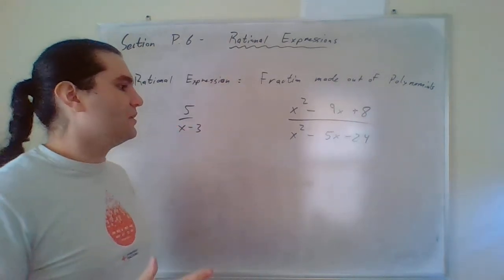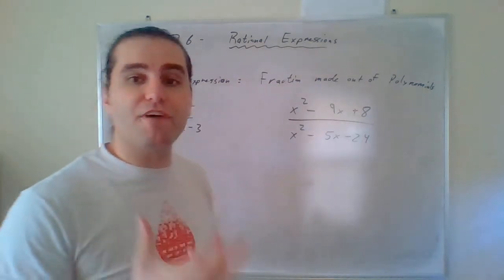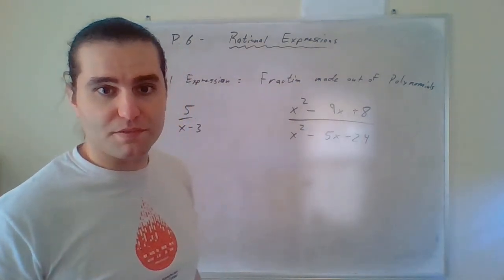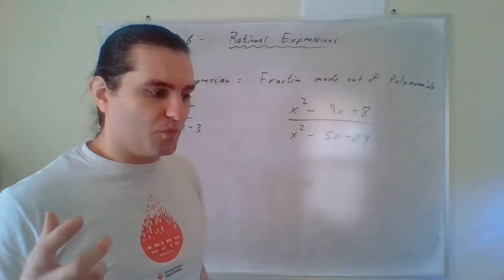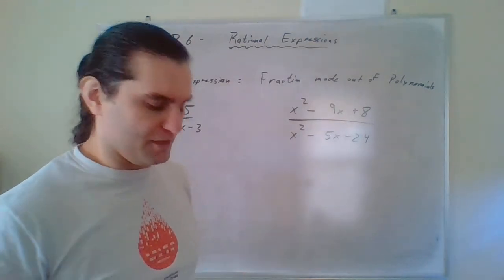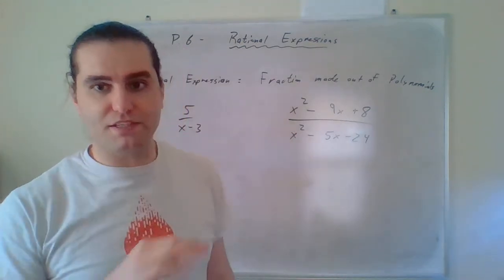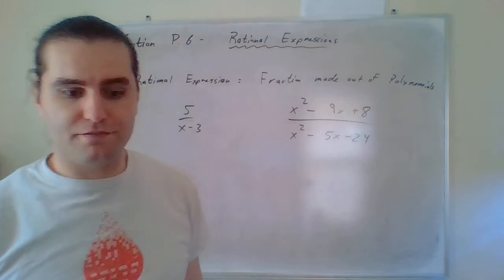When we first started talking about polynomials and we defined what a polynomial was, one of the reasons for that definition was that we wanted these things to be simple and smooth and continuous and nice and well behaved.